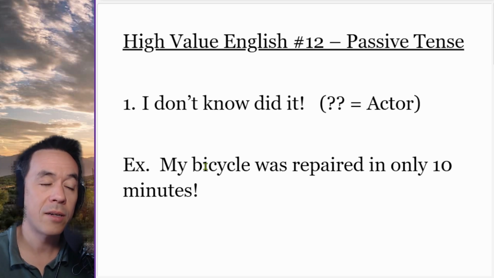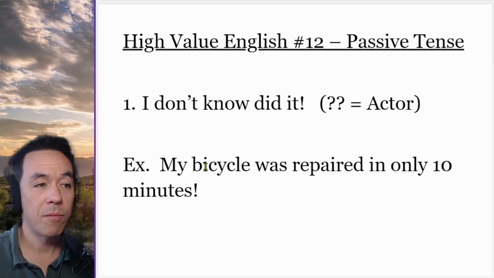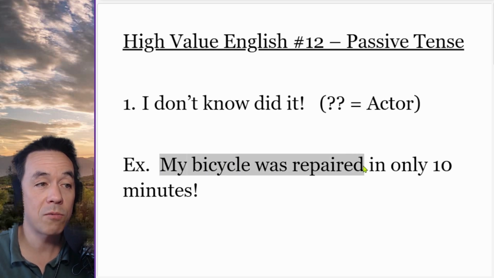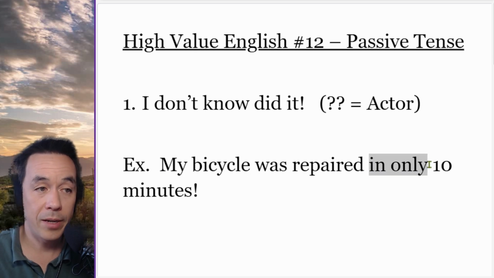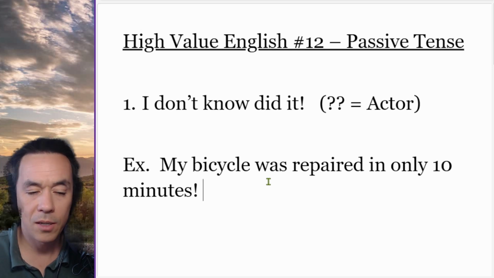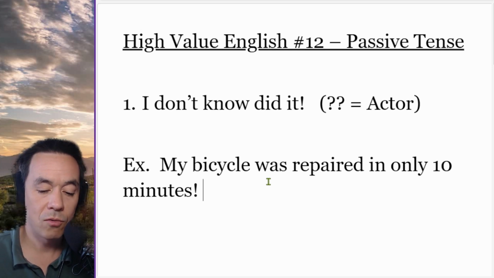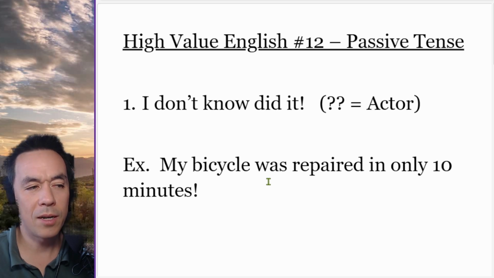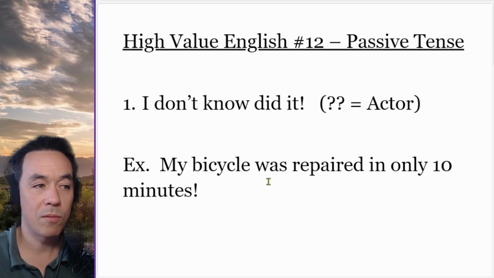That's not the main focus of my message to you. I want to tell you my bicycle was repaired, super fast, in only 10 minutes. Maybe fast for me. Maybe I was having trouble with it for a long time, or I couldn't do it myself. But finally, it was fixed, and it was fast.